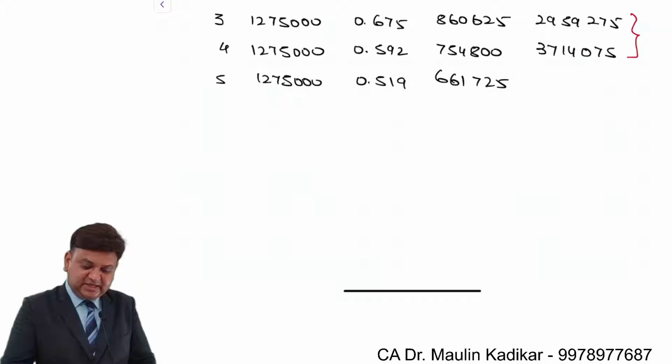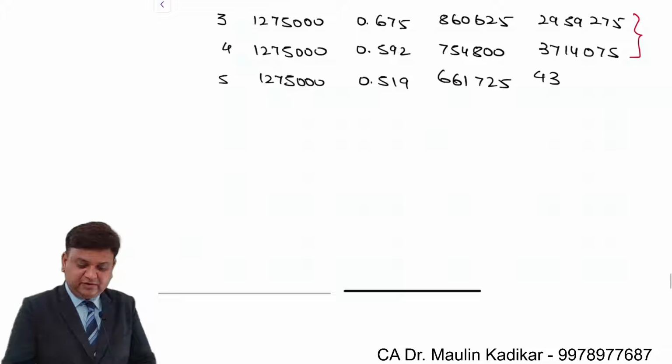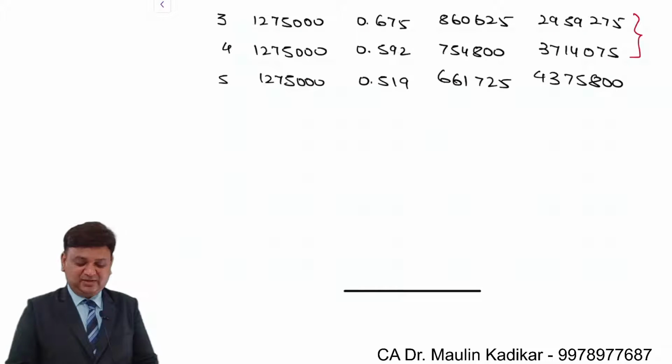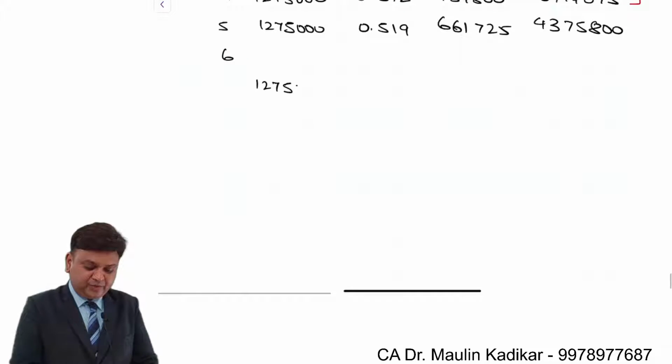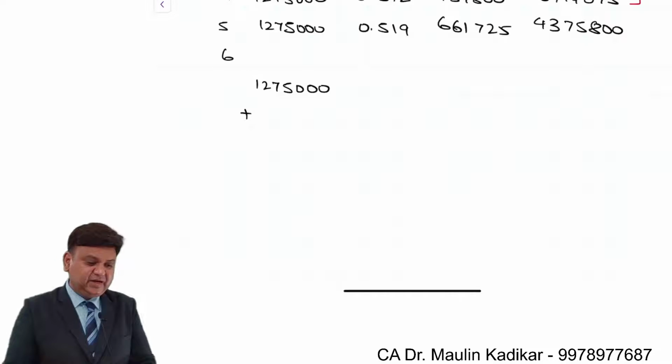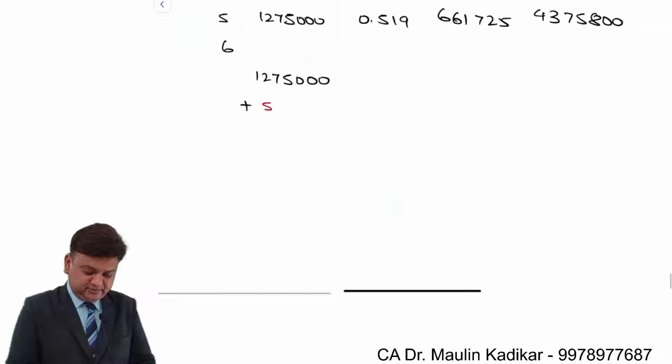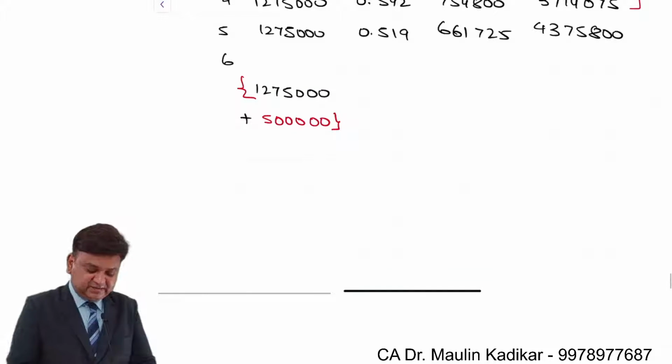And this time friends, you cannot make the computation of the cumulative cash flows, that is present value. The reason is that exactly you need to know in which year we are able to recover the investment. So we do not have a choice but to do the working on year to year basis. So 12,75,000 plus last year we will have an amount of 5 lakhs. So it is 17,75,000.